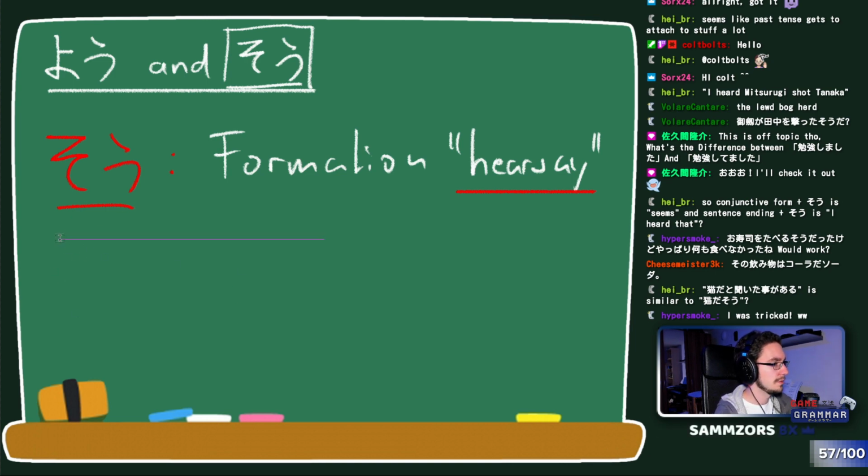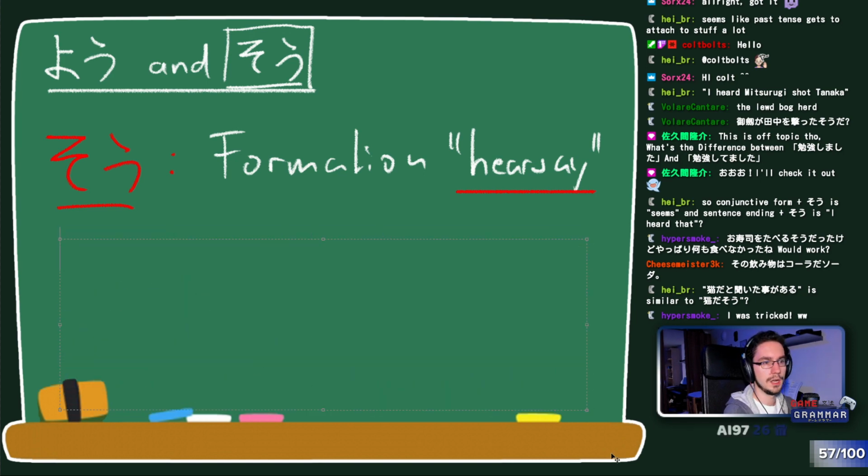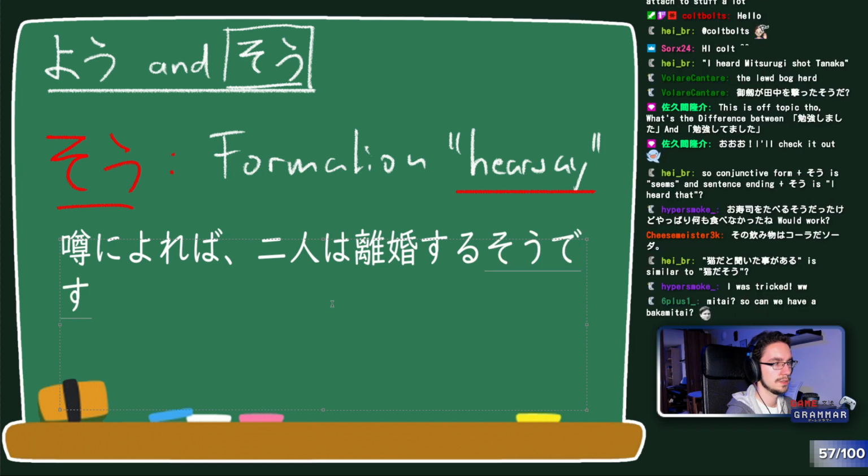So examples would be stuff like this here. I'll just type it myself so I don't have to deal with hiragana. So, uwasa ni yoreba. This means, according to rumors, 二人は離婚するそうです.